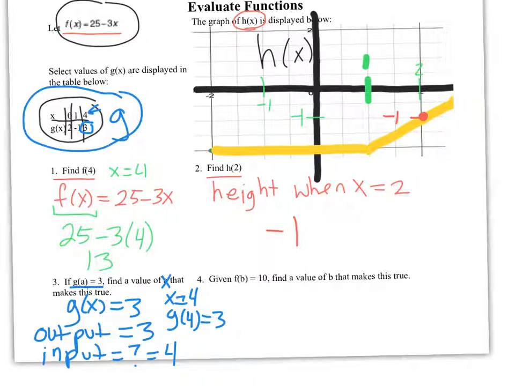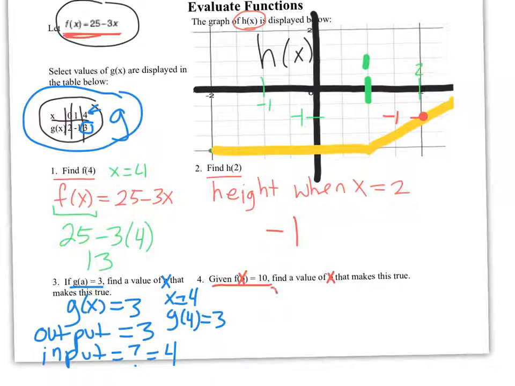Okay, finally we've got problem 4. F of b is equal to 10, so we know we're talking about our equation again. And again, you could just change this to x instead of b, and that's going to make this a little bit easier for you to work with, so you don't have extra variables kicking around.